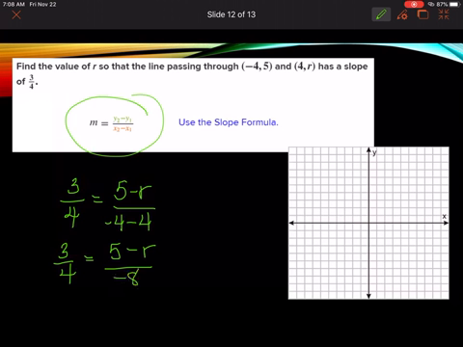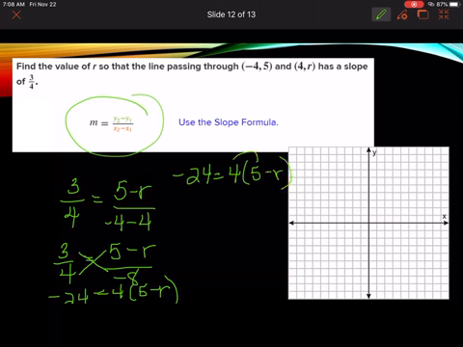Does this look like anything we've done before? Remember, when we have a proportion, we can do the cross product. So that's -24 equals 4 times 5 minus r. I'm going to distribute.